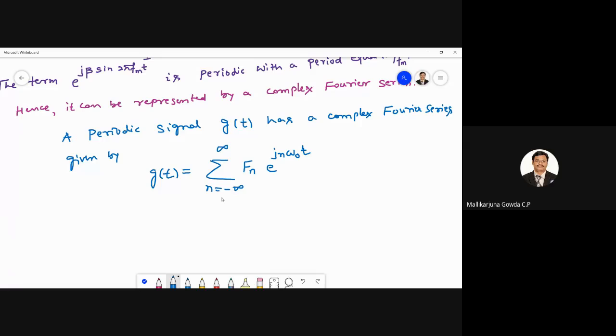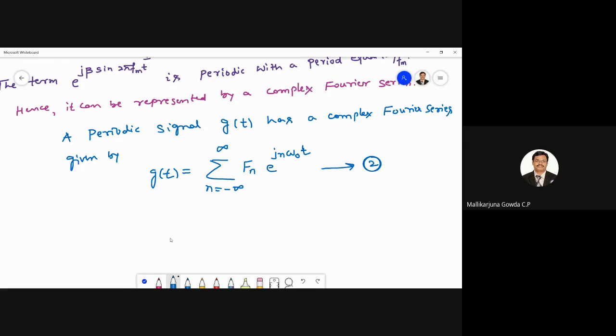Let me call this equation 2. So I can express a periodic signal by a complex Fourier series in this fashion.